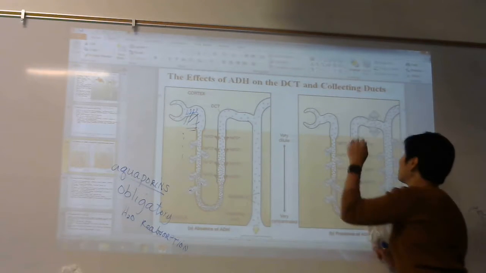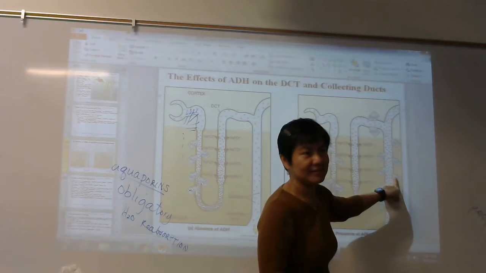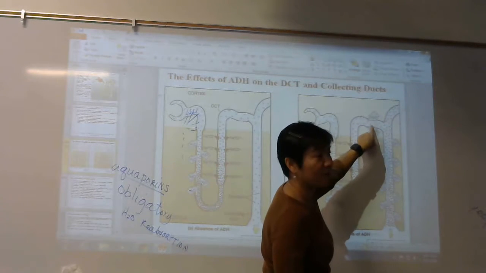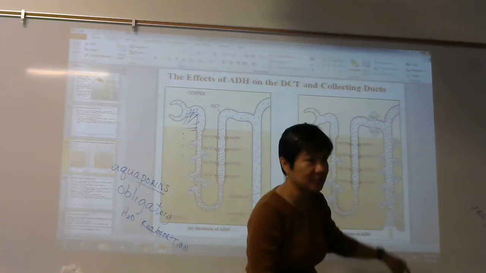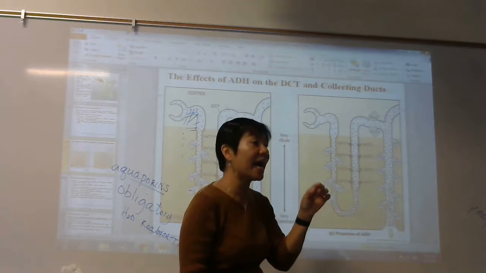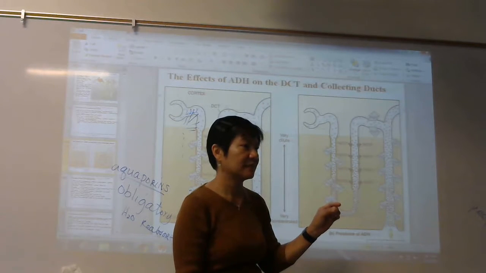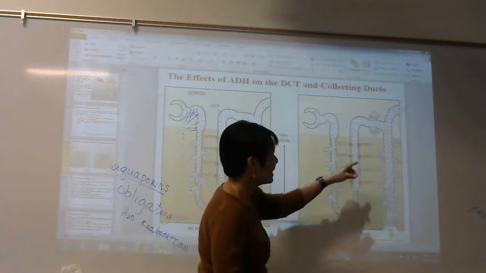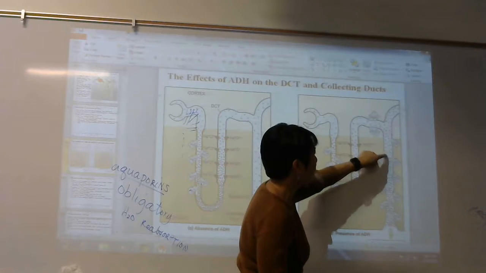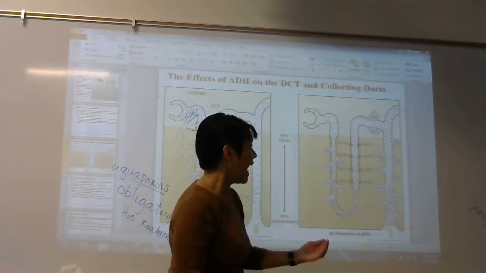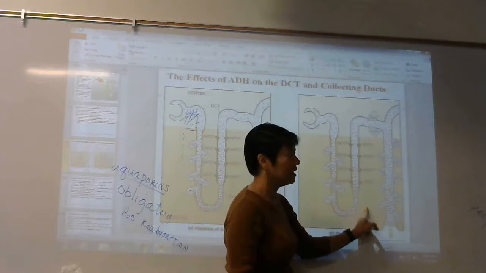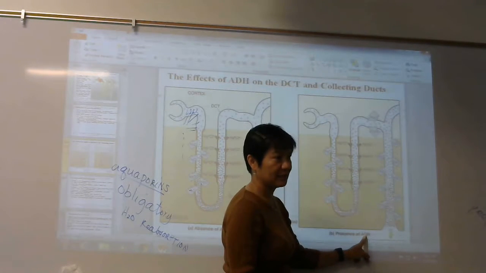It goes right here. It tells the cells of your distal convoluted tubule all the way to the collecting ducts to what? Make aquaporins. So that you can move the water from here to here. By what? By osmosis. How? You reabsorb the salt here, so this is always salty.